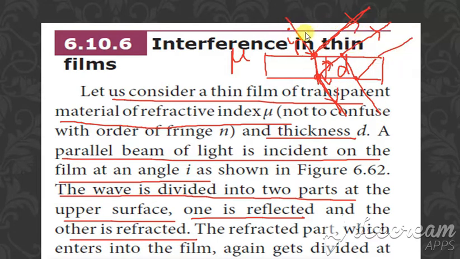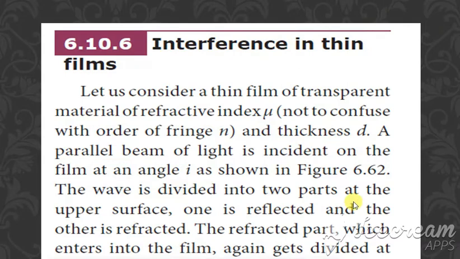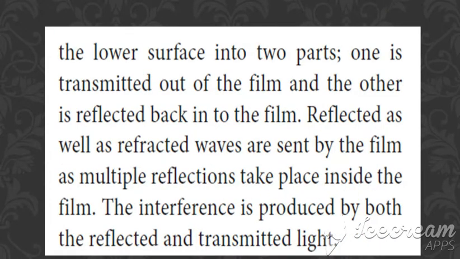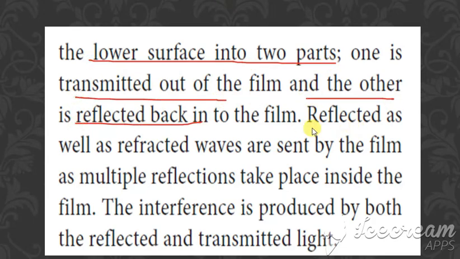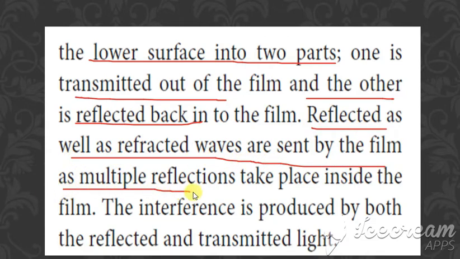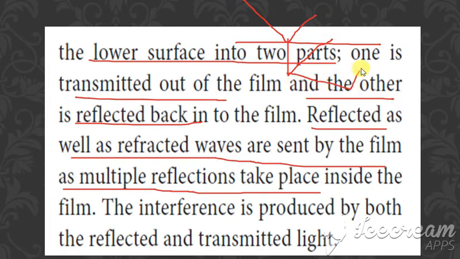So one ray is being split in this manner into reflection and transmission. At the lowest surface it is divided into two parts: one is transmitted out and the other is reflected back. The reflected as well as the refracted waves are sent by the film as multiple reflections, so it goes on with multiple reflection.